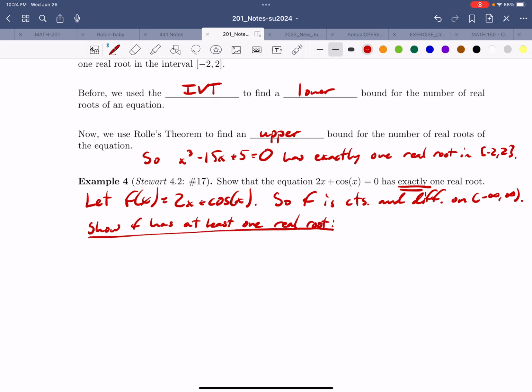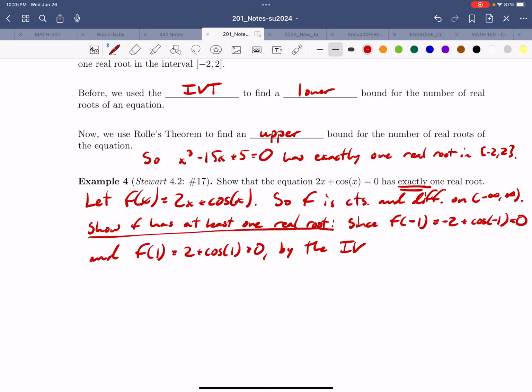Since f of -1 equals -2 plus cosine of -1, which whatever that is is less than 0, right? Because the cosine is bounded by -1 and 1. And f of 1 equals 2 plus cosine of 1, which is greater than 0.